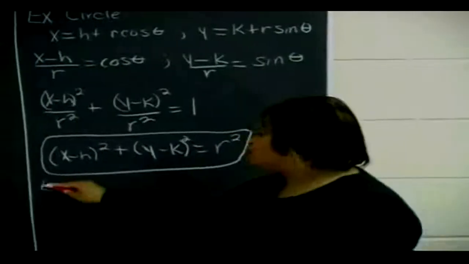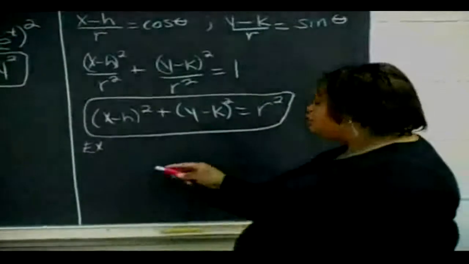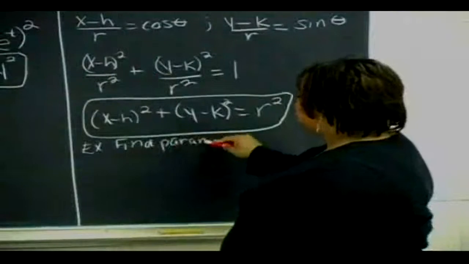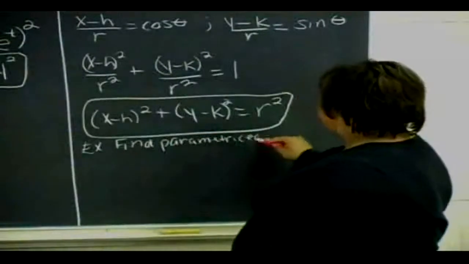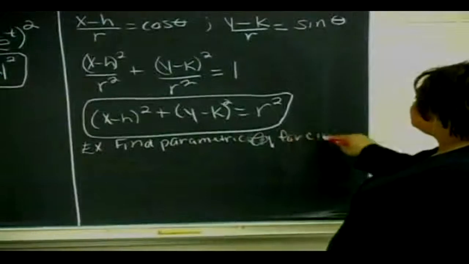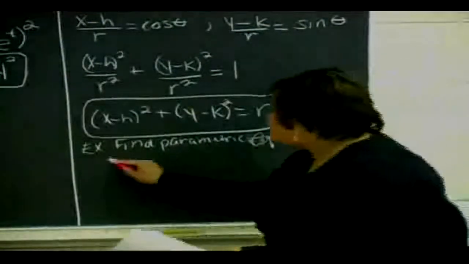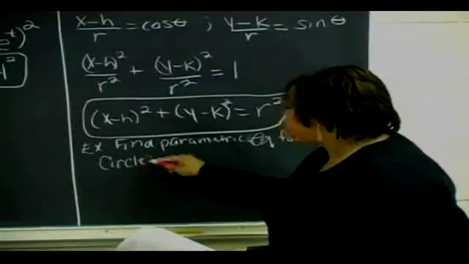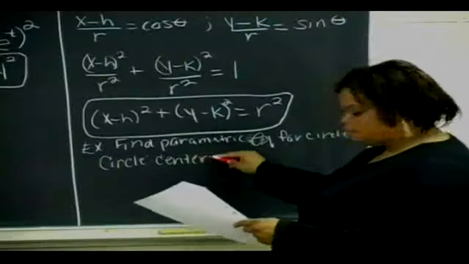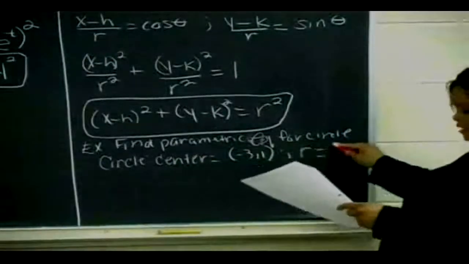Let's look at an alternative example. Suppose we want to use this information to find parametric equations for a circle. This is the first time we're going to be finding a set of parametric equations. But suppose that they give us, for this circle, that the center is the point (-3, 1), and the radius is 3.